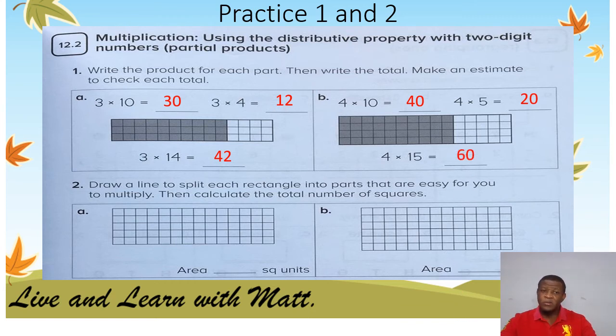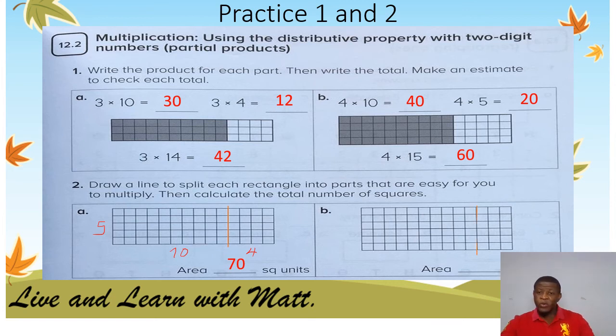Now part 2A, we draw the line. So we have 5 and 10 and 4. So 5 times 10 is 50, 5 times 4, 20. Altogether, will give us 70.